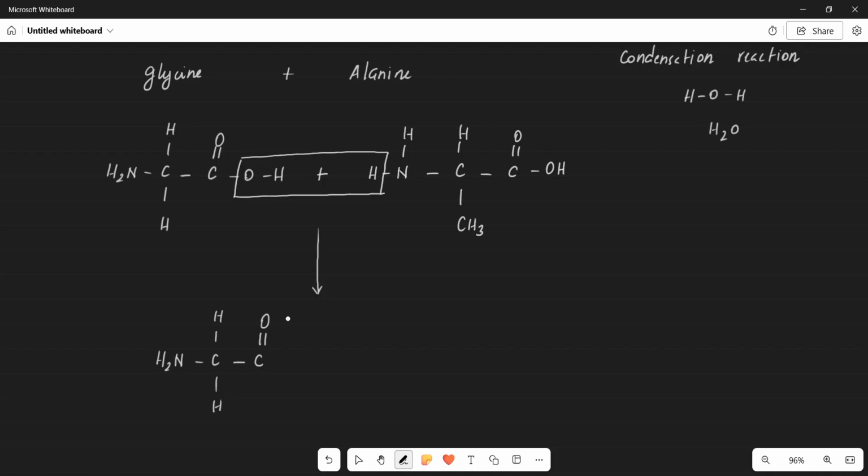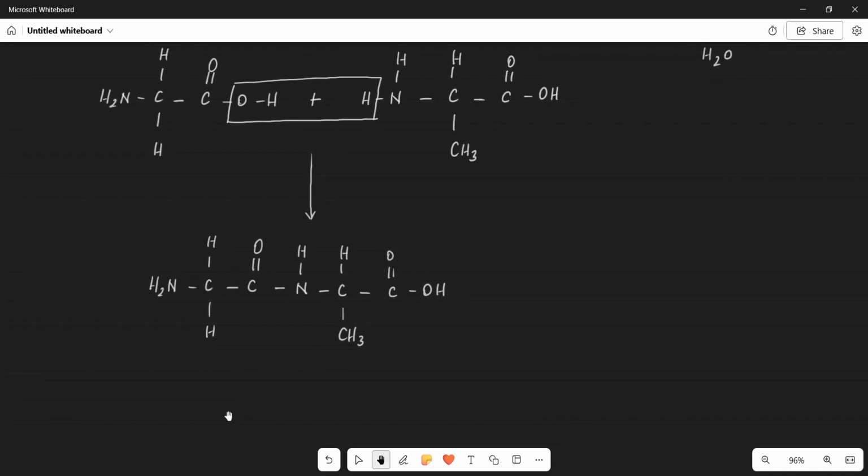But this OH group is removed. Then on this side the hydrogen is removed, so I'm having only nitrogen and I'll connect it with the hydrogen. That's it. The remaining I write as it is. I don't change any order.